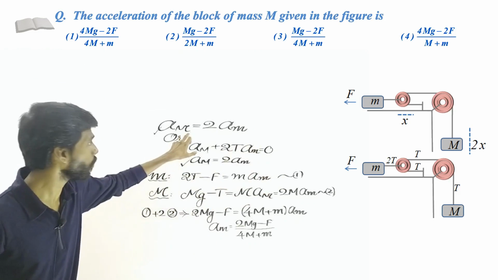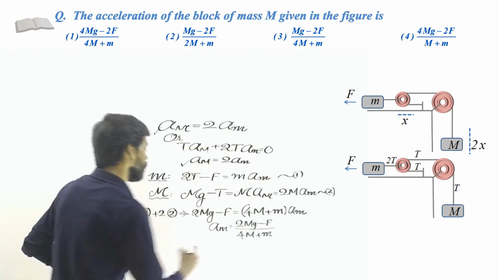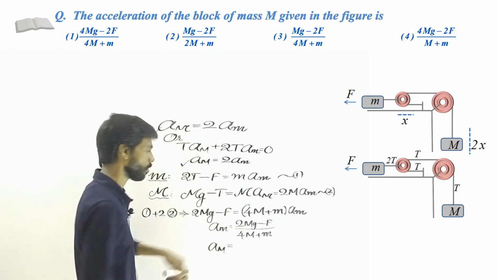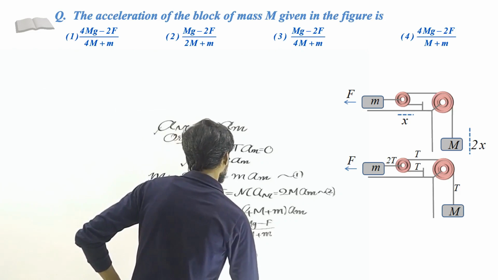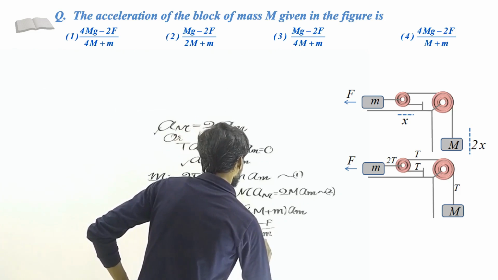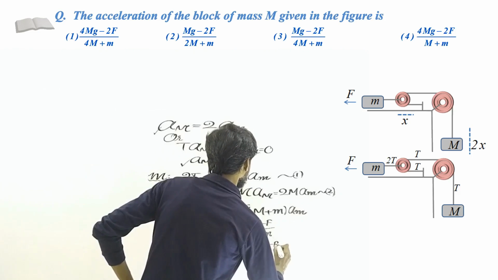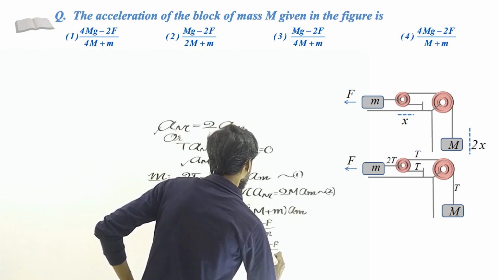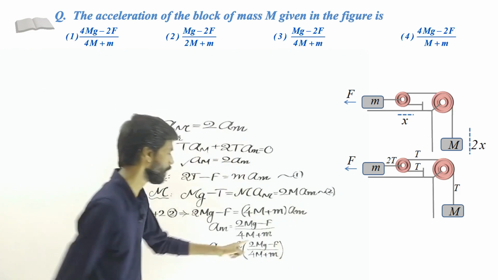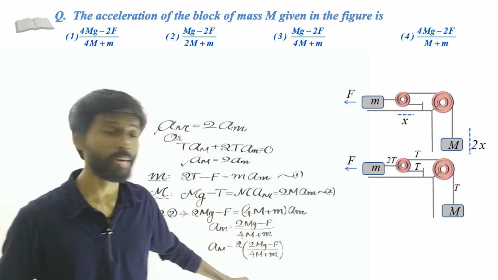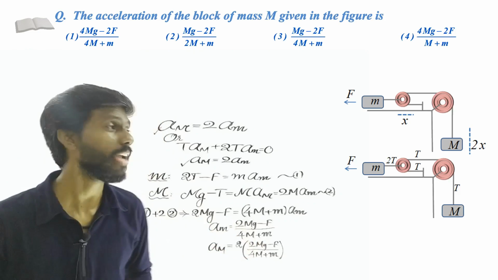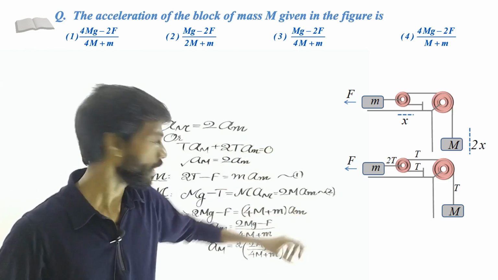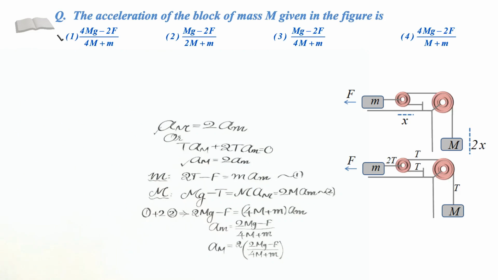So that is 2 multiplied by (2mg minus F) divided by (4m plus m). Or you can multiply inside: (4mg minus 2F) divided by (4m plus m). That is the acceleration of the block of mass capital M in the downward direction. So that is the answer.